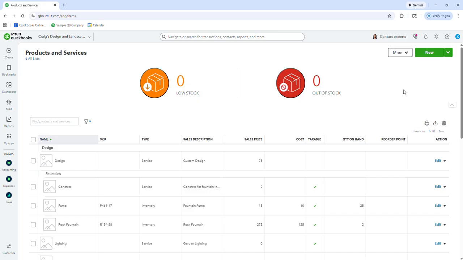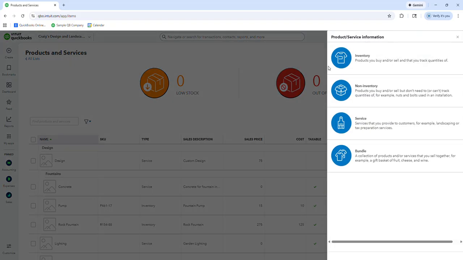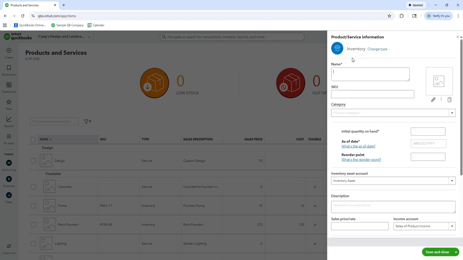So we're actually going to start with finished goods inventory. To create all new products, we start with New, and this is an inventory item. The first thing we're going to create are single units, or eaches. What I'm going to do is create my first candy bar.